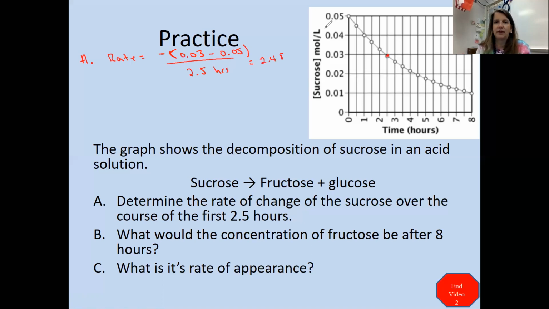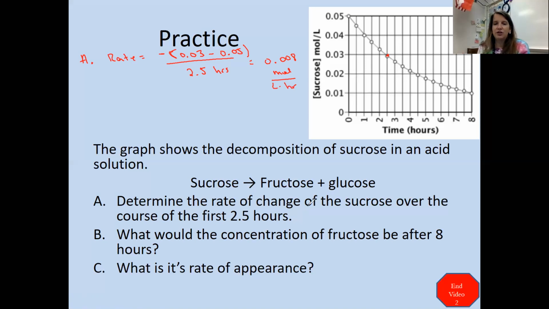Oops, that's why. I accidentally pushed subtract instead of divide. And that'll change things quite a bit. So 0.02 divided by 2.5. That's better. 0.008. And that's going to be moles per liter hour.